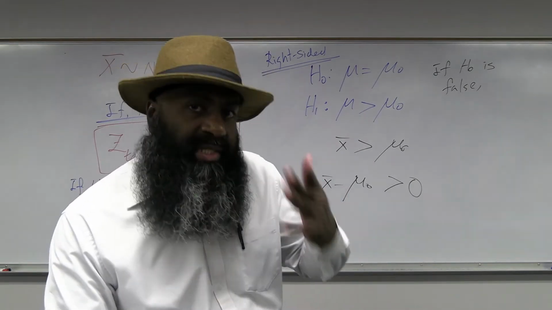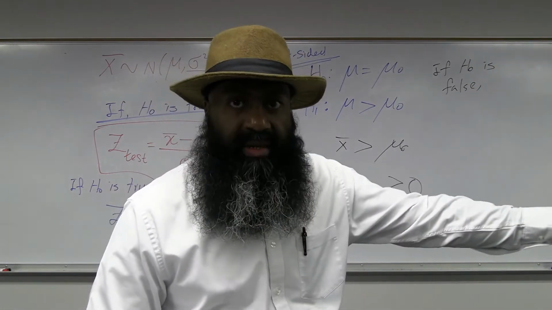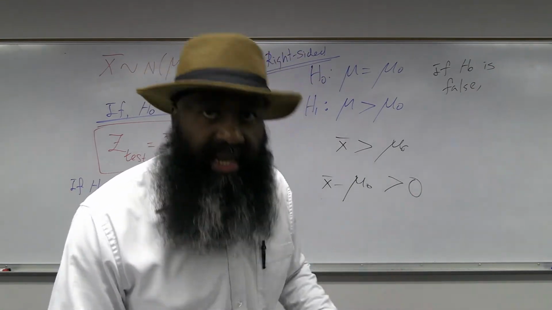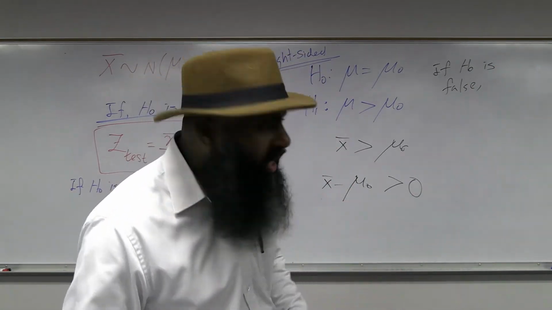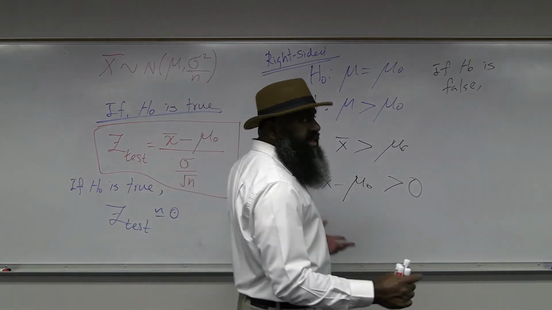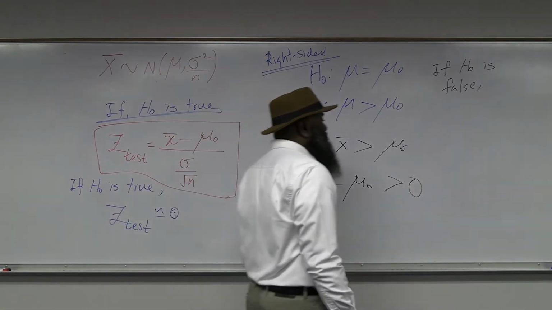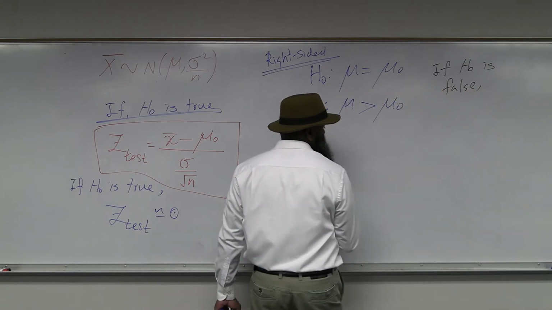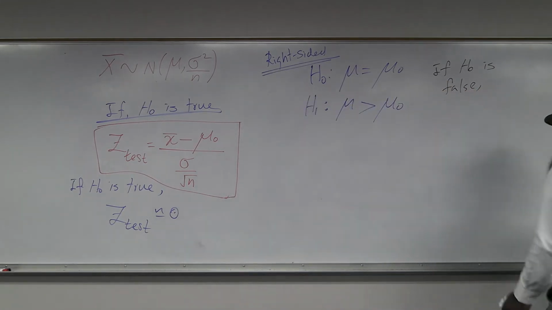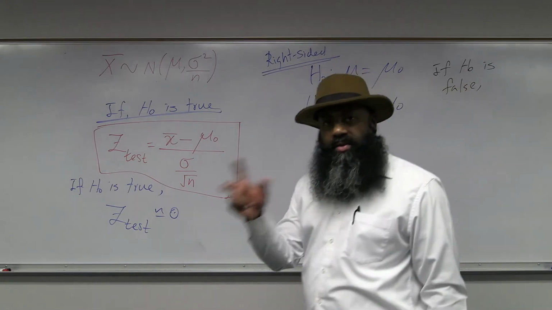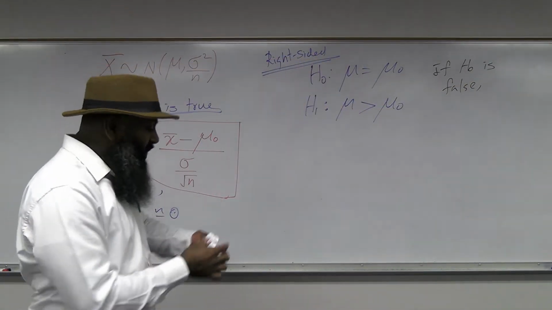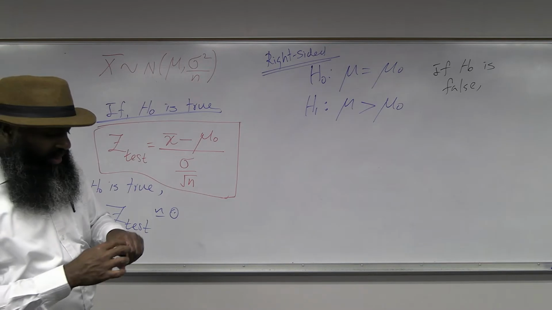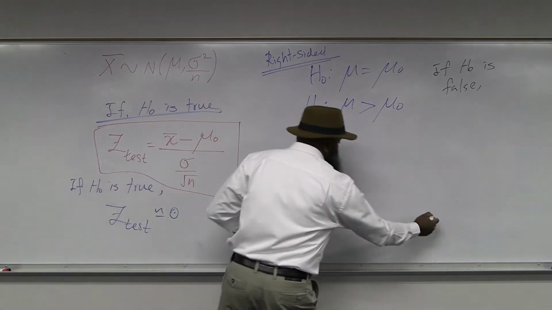But if it is positive and too large compared to 0, in that case, I have to conclude that the null hypothesis is false. So, how large is too large compared to 0? That's what we have to see. Now here, once again, we go for the standard normal distribution. So here's the standard normal distribution again.